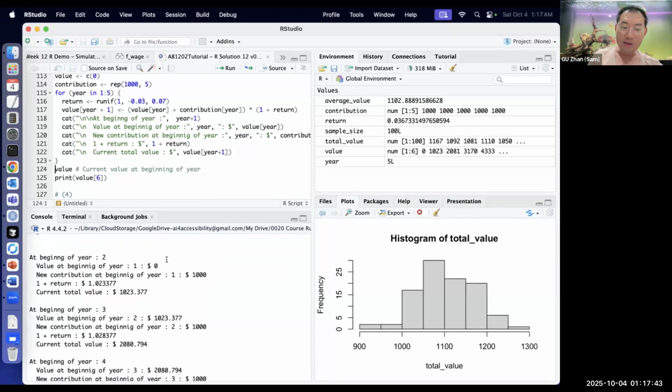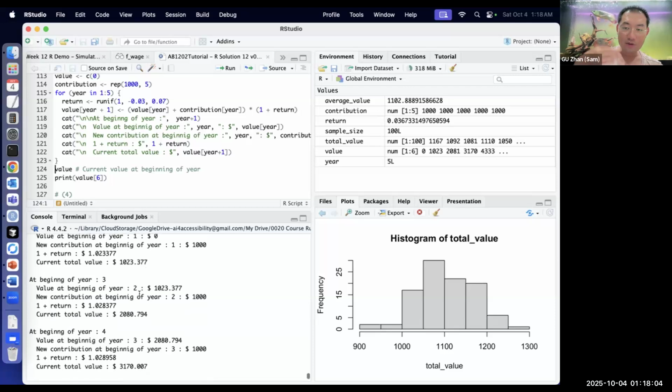At the beginning of year 1 it is 0. So at the beginning of year 2, your new contribution is 1000. So 1 plus return is this, then the current total value at the beginning of year 2 is this amount.